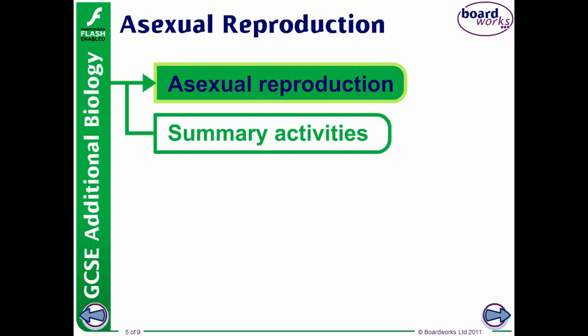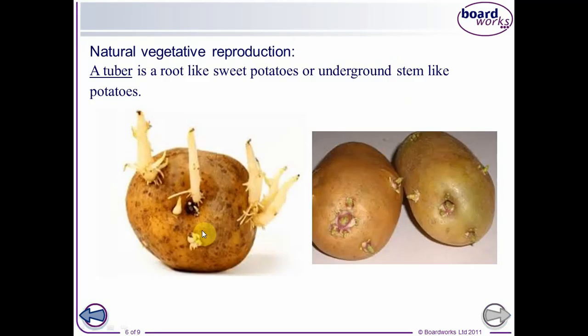Asexual reproduction occurs in the plants which don't contain flower, okay, and it occurs without male organ or female organ. We have two types of asexual reproduction, something called natural vegetative reproduction. Vegetative reproduction means asexual reproduction.